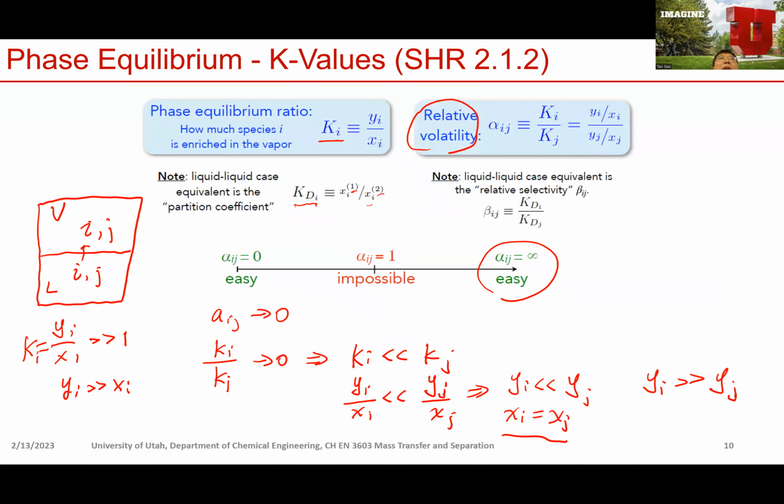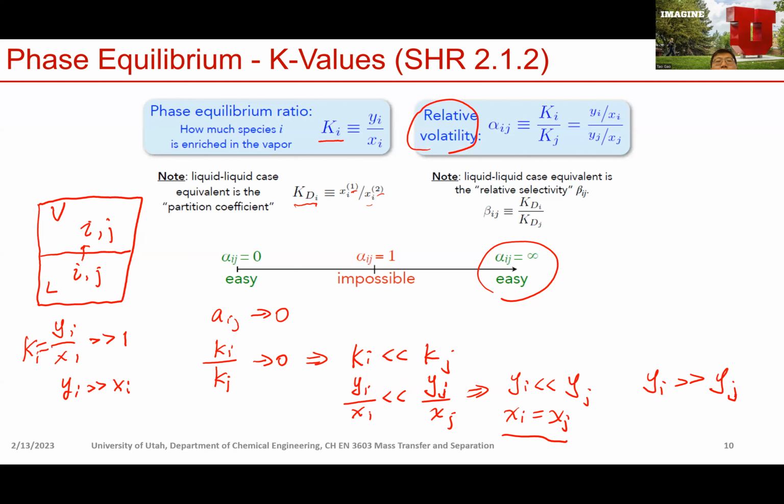The physical meaning of this K-value is that, for a liquid vapor phase equilibrium system, it tells us how much one chemical species wants to stay in the vapor phase compared to the liquid phase, right? The larger the K-value is, the more this species wants to stay in the vapor phase. In other words, the K-value tells us how volatile this species is, okay?